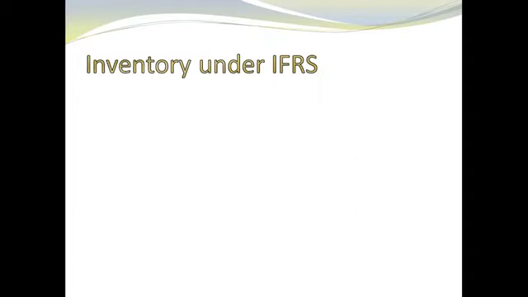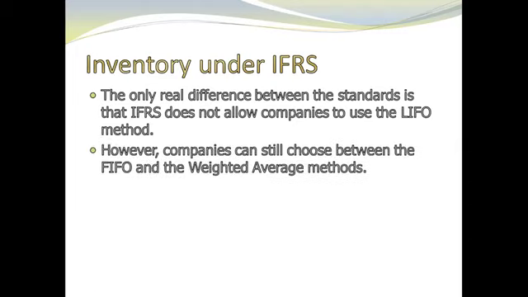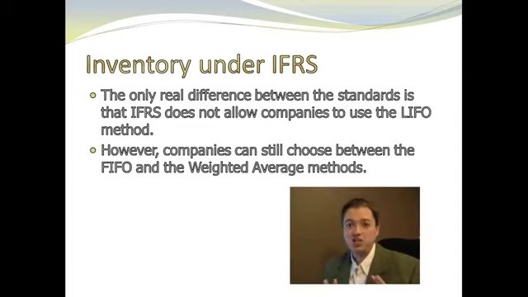We haven't talked a lot about IFRS in inventory, and that's because there really aren't a lot of differences. In fact, the only real significant difference is you cannot use LIFO under IFRS. You can still use FIFO or weighted average, but you cannot use LIFO. This is one of our key concepts, actually, this one significant difference between US GAAP and IFRS. Why? Because LIFO is such a huge tax break for US companies that they're pushing against the switch to IFRS just to save this tax break.